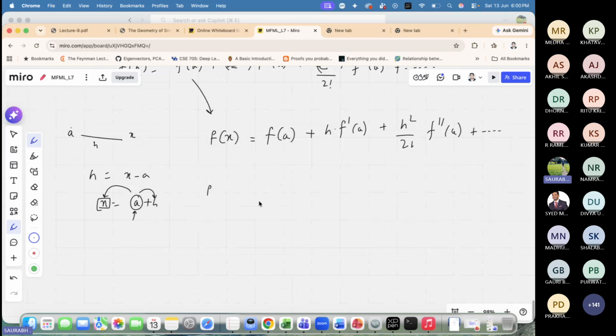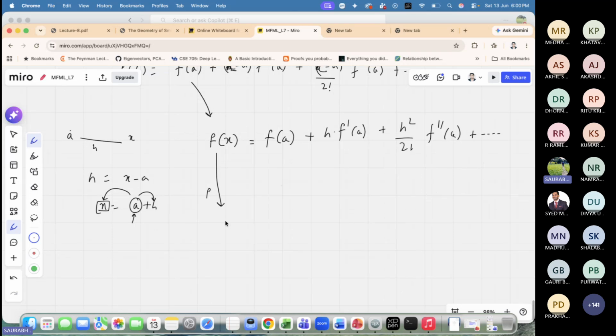You can actually apply the same intuition to a two variable function. So if f is a function of two variables x and y, and you would want to know the function's value at new points x and y.